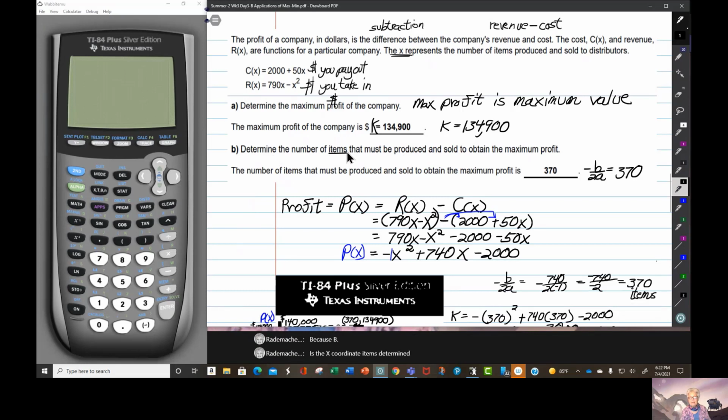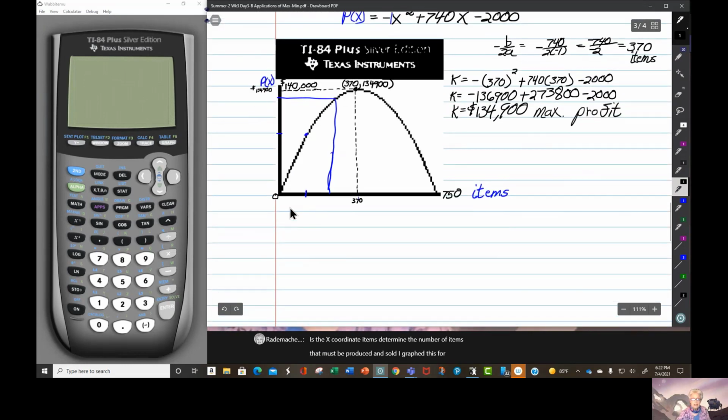Determine the number of items that must be produced and sold. I graphed this for you. Notice you have a cup down parabola. Here's the vertex. Here's the maximum value. And here's the number of items that must be produced and sold in order to create the maximum value.